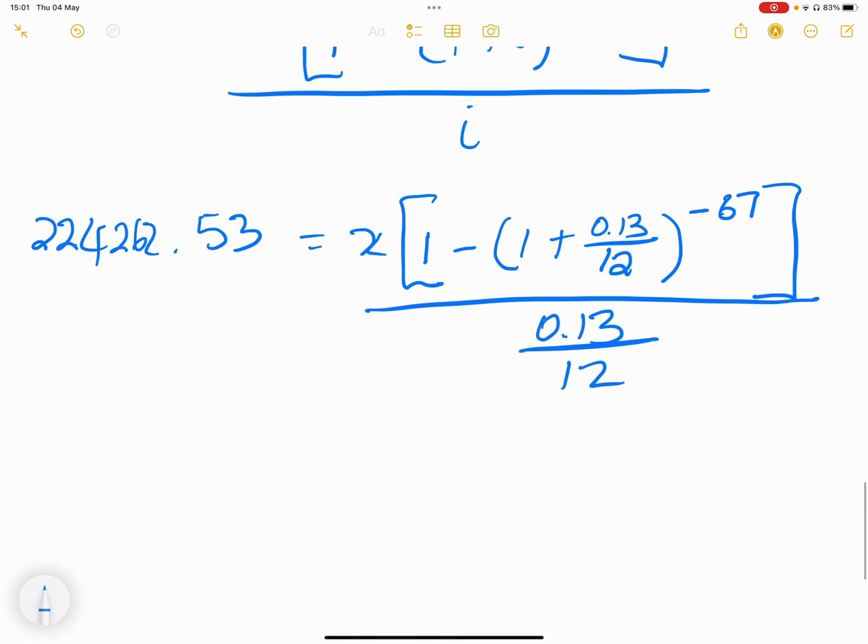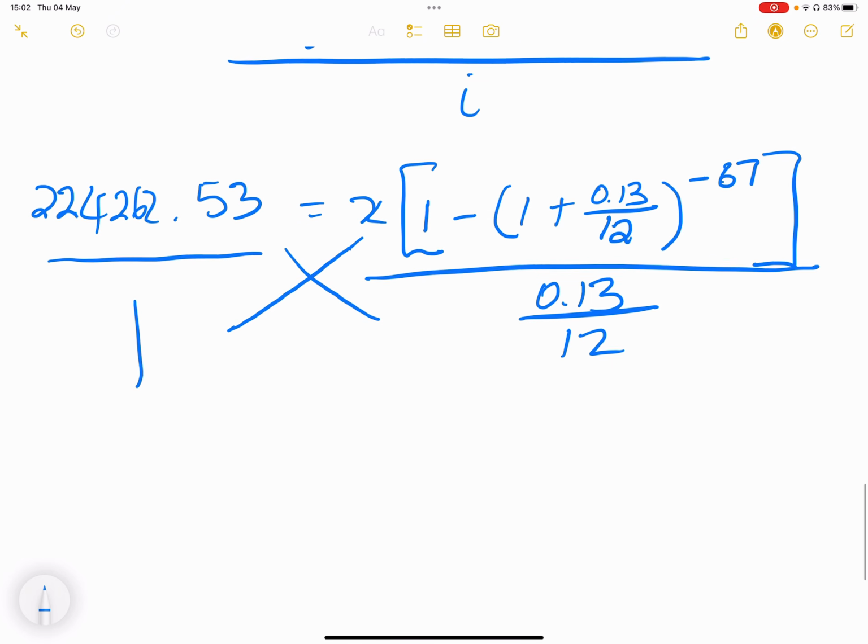Now, ladies and gents, I know a lot of you find the mathematical gymnastics involved here a little bit of a challenge. So what are we going to do? I'm going to represent that as a fraction, so we cross multiply.